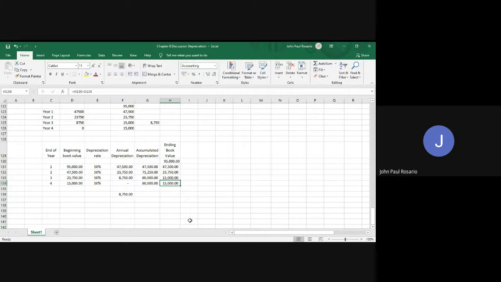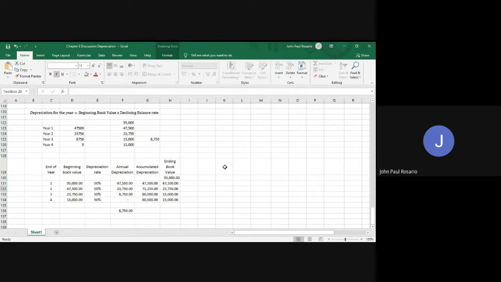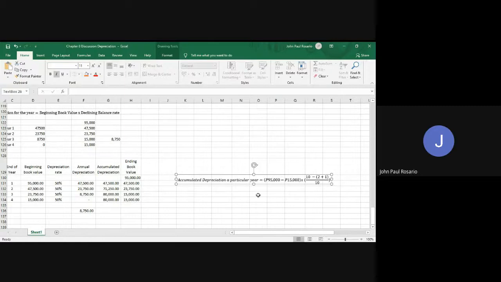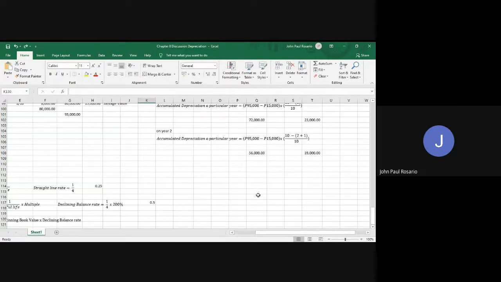Now, what if you'll be asked how much is the depreciation on a particular year, for example, on year 3? So, accumulated depreciation on a particular year. So what will be your formula for that?